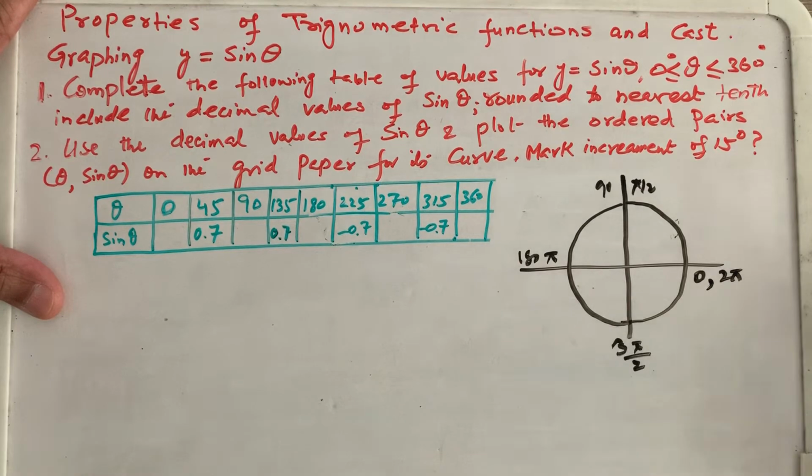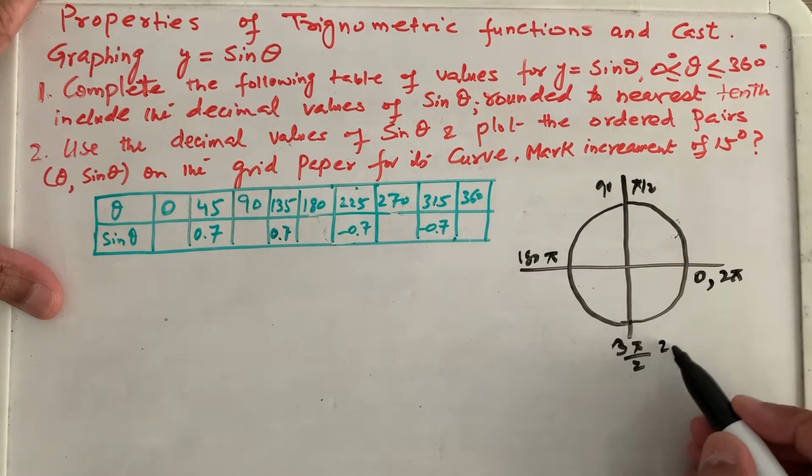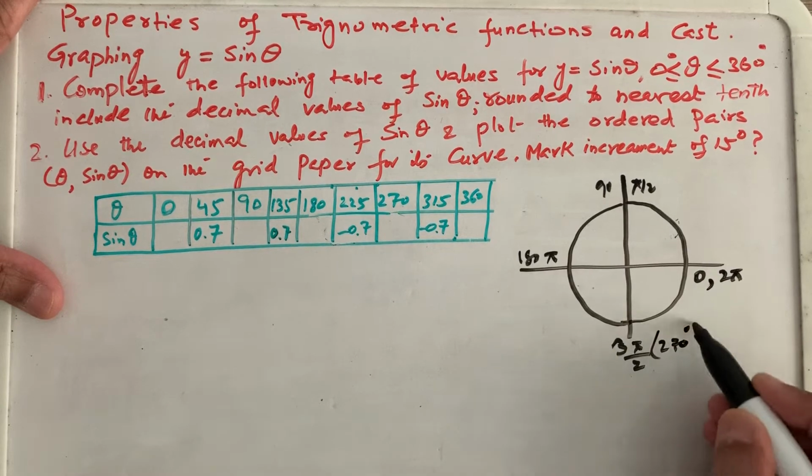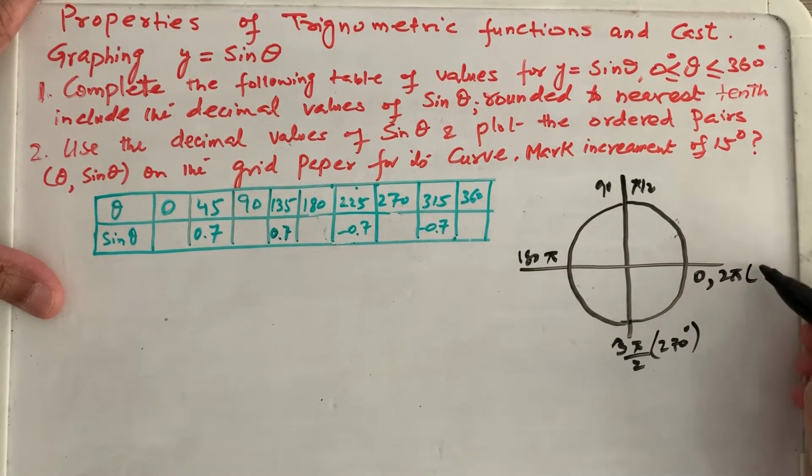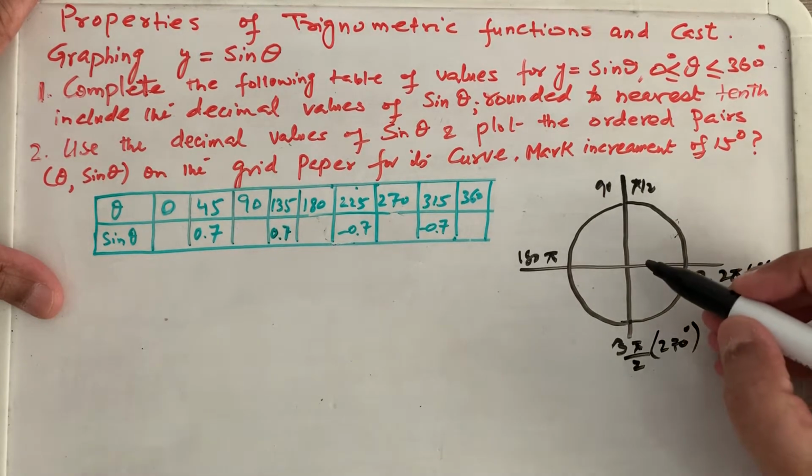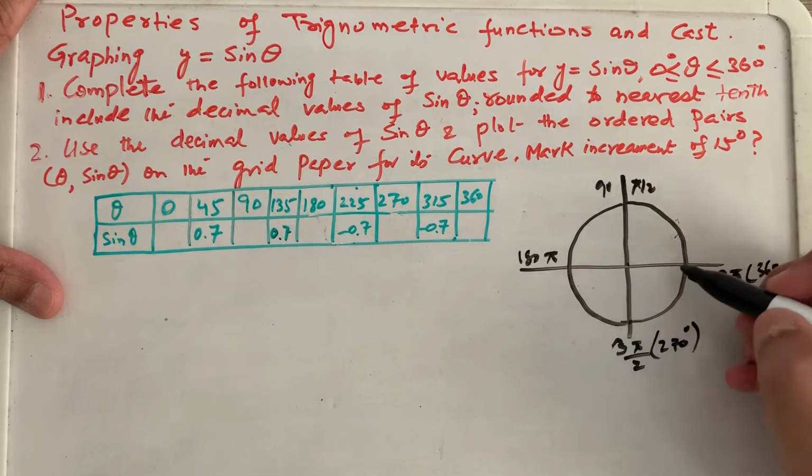That is 270 degrees, and then 2 pi, which is 360 degrees. And the unit circle is the circle where the radius is 1. So don't forget the coordinates of these points.